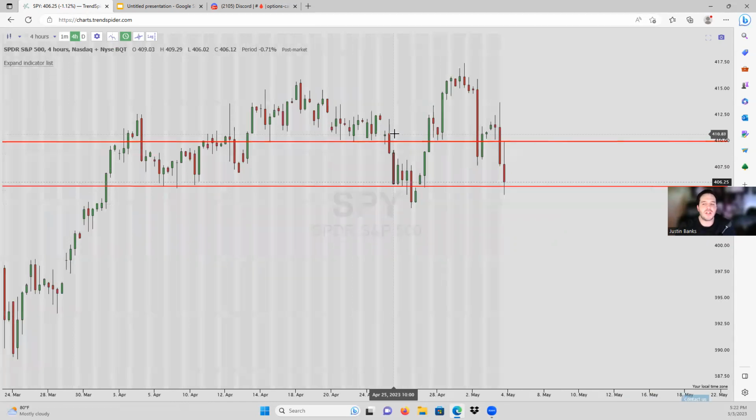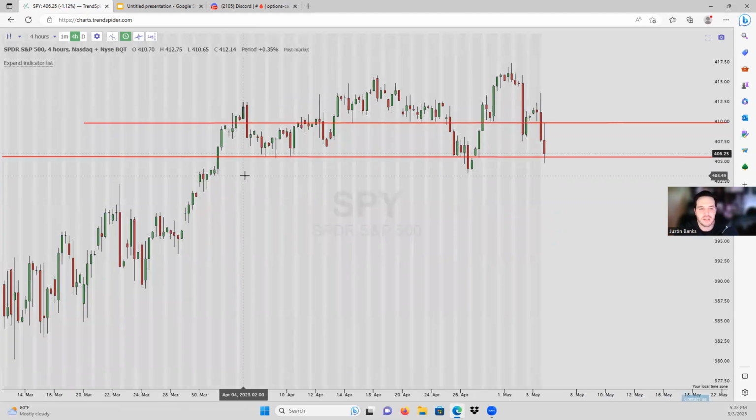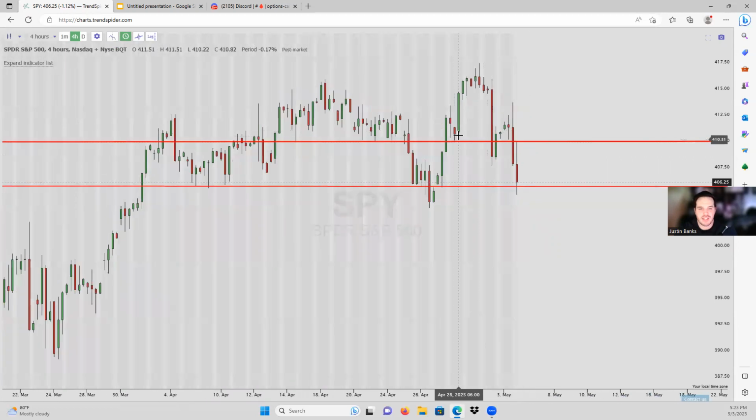So guys, we took a look back at that daily. We saw, okay, the 410 is a big level. Now we're getting into a smaller time frame, still a big one, the 4 hour. We can see how big this 410 level is. I mean, we see so many bounces off of this level. We saw a nice resistance over here, and a major bounce coming off of this 410.